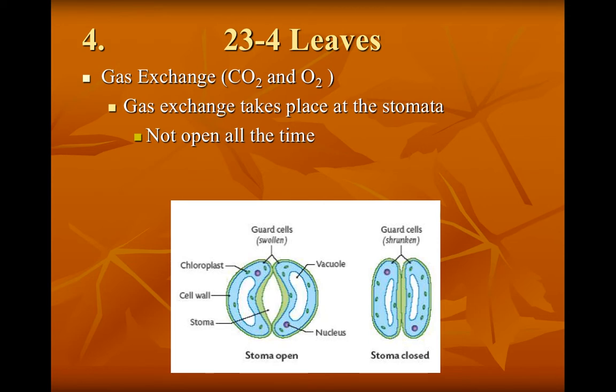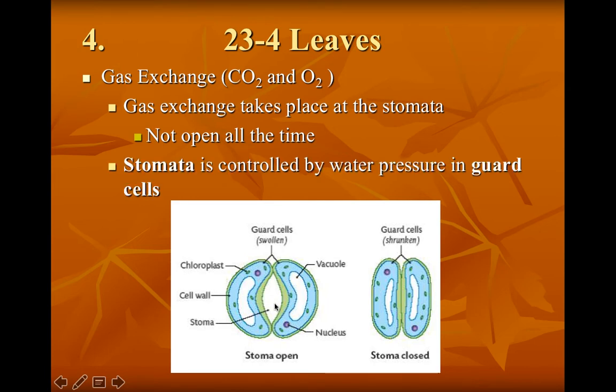But the whole point is stomata tend to be open just enough to allow photosynthesis to take place, so to be able to let in enough carbon dioxide, but not so much that the plant ends up losing too much moisture, too much water. And so the way that these stomata do that is they have this ability to open and shut.